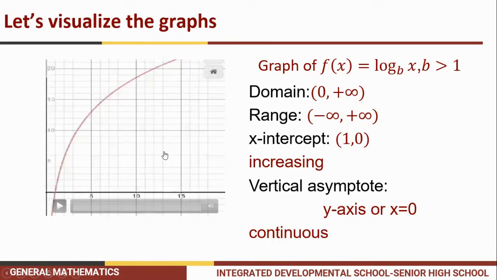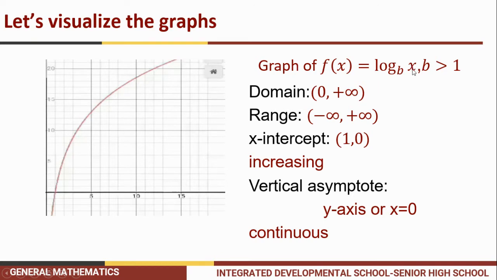Now, I will let you visualize the graphs of the function f(x) equals log with base b of x, wherein our b is greater than 1. For our domain, we notice from the definition that x is greater than 0. So our domain here is 0 to positive infinity.